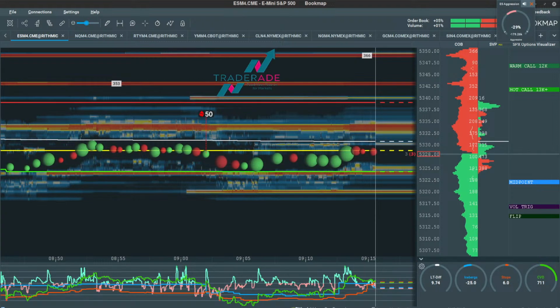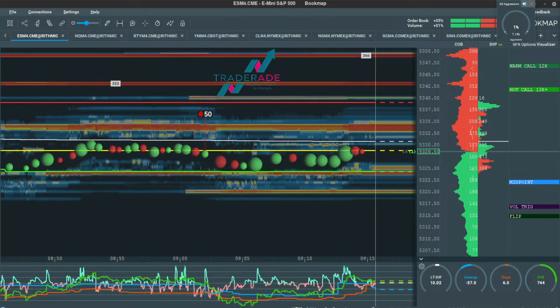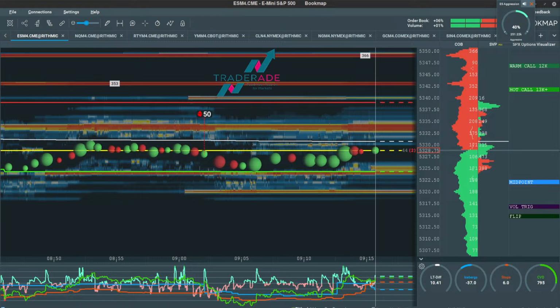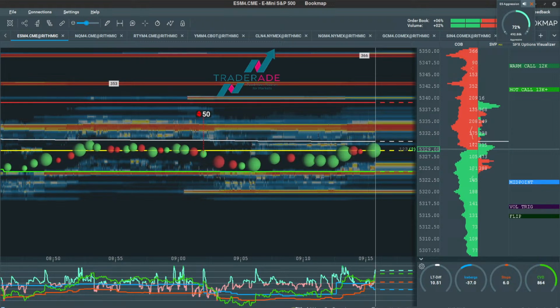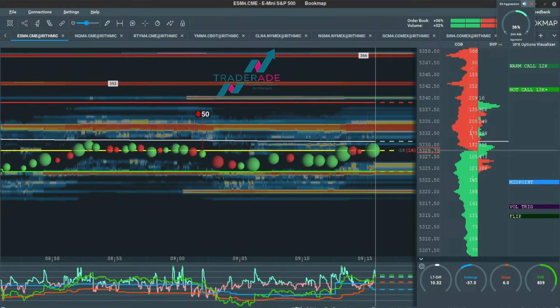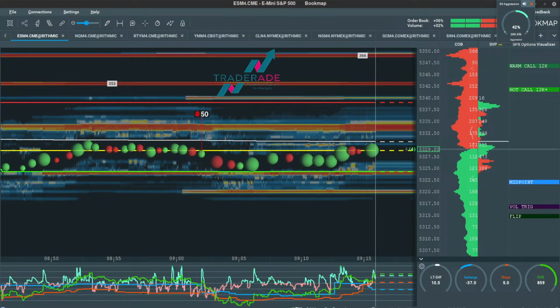Now, if you see a really large amount of passive buying and a large amount of stops being pushed out to the sell side, so you have positive icebergs in quadruple digits and negative stops in quadruple digits, sometimes that can mark a bit of a reversal. So you look for that to be qualified in price action as well.